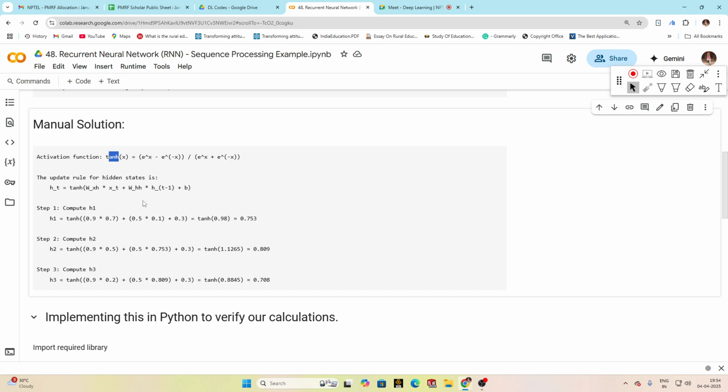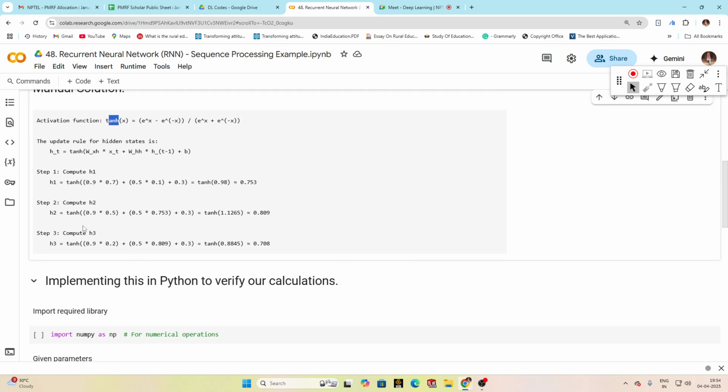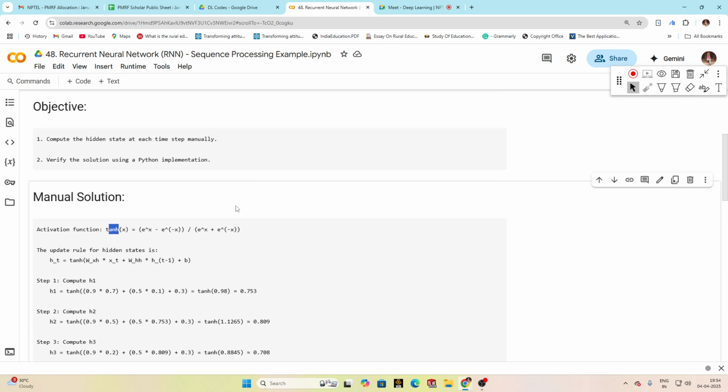So that is how you can solve this RNN problem, how to find the hidden state. Similarly, you can find the output. Output is very simple. If the weight from hidden to output, that is Who, is given, just multiply the Who with this hidden state, and add the bias, and then apply the activation function of the output layer.